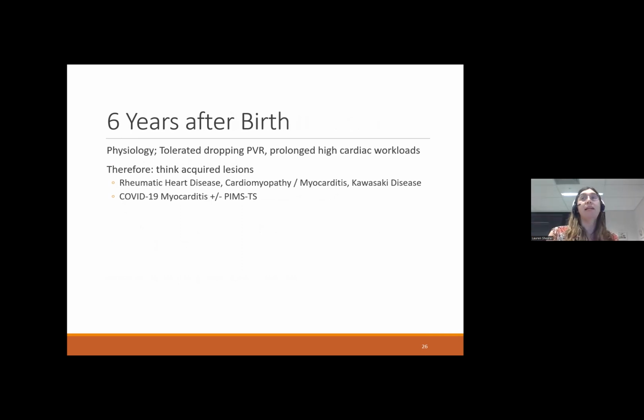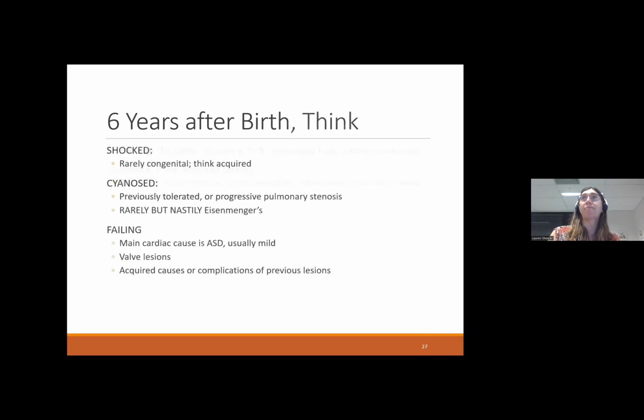Therefore, we need to be thinking about those acquired lesions: rheumatic heart disease, cardiomyopathy or myocarditis, Kawasaki's disease, an uncommon but important inflammatory disease that affects the coronary arteries in addition to skin and other organs. And in the current context, the COVID-19 related myocarditis, plus or minus the PIMS-TS, the multi-system inflammatory disorder that is temporally related to COVID-19.